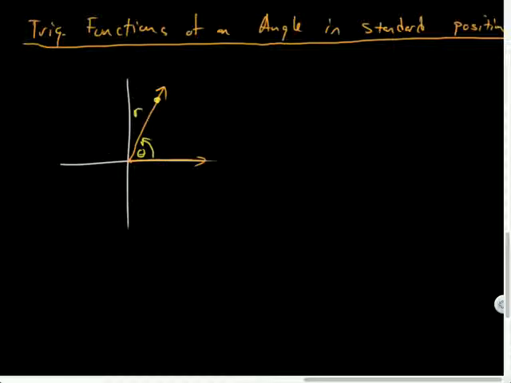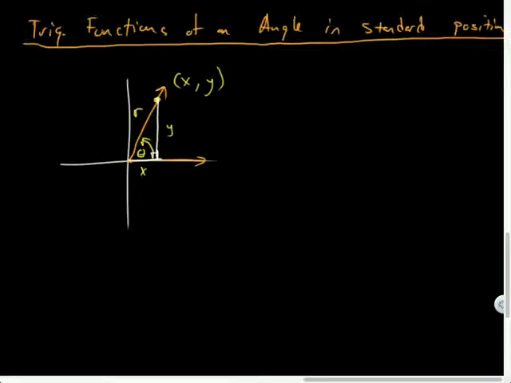Then if this point is x and this is y for the location of that point, I could draw my little triangle off of that, and it'd be a right triangle. The overness would be x, the rise would be y.